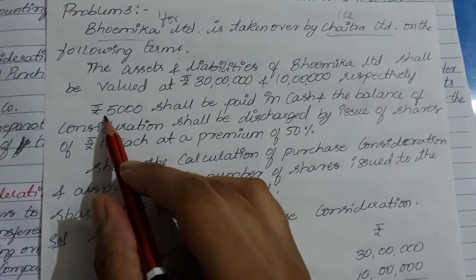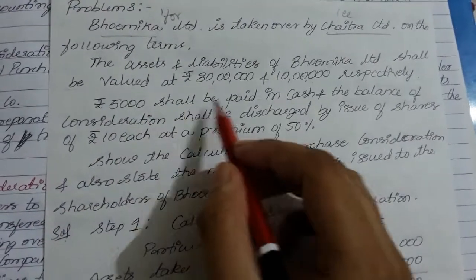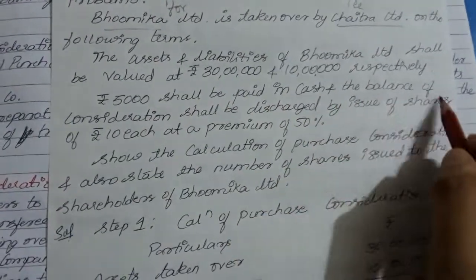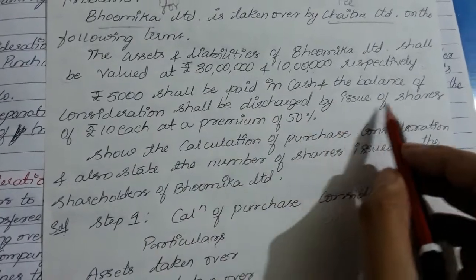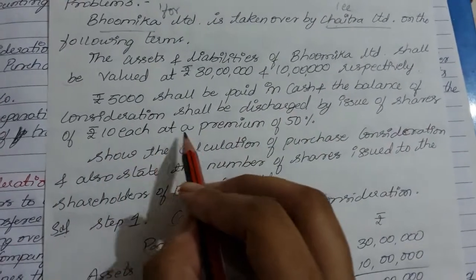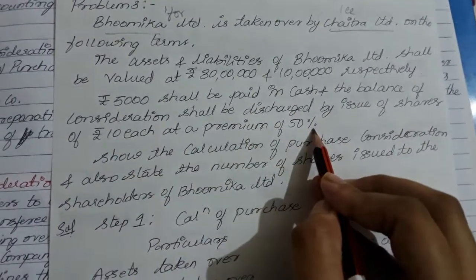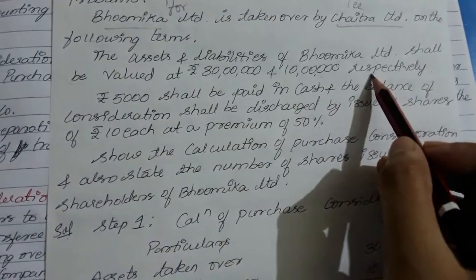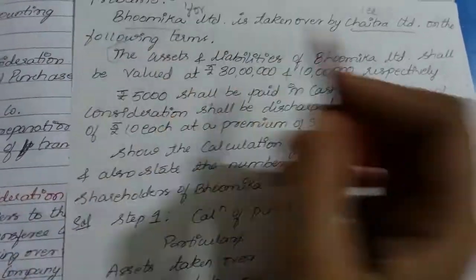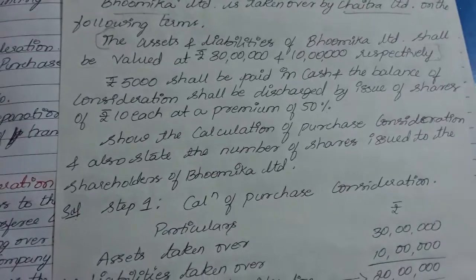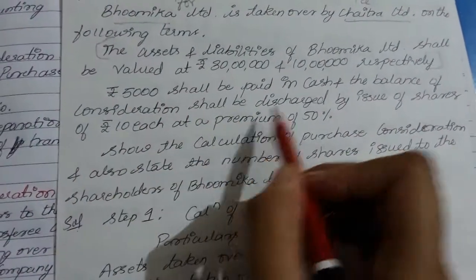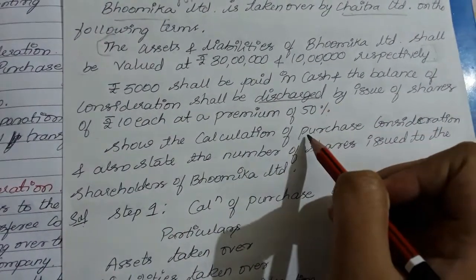So next, 5,000 shall be paid in cash and the balance of consideration shall be discharged by issue of shares of rupees 10 each at a premium of 50%. So this first part is given for the purpose of calculating purchase consideration. You can see they have mentioned the word discharged here.